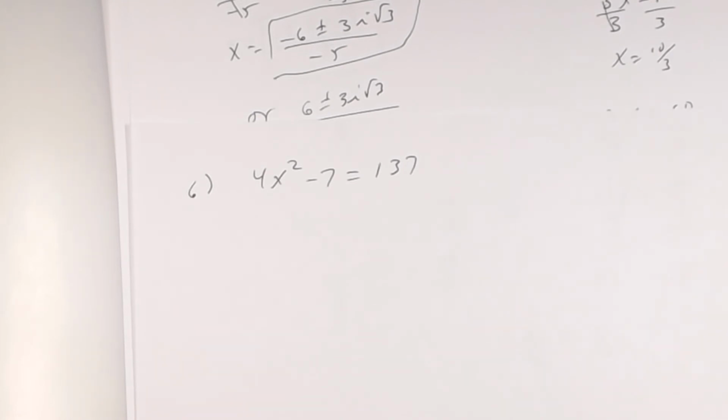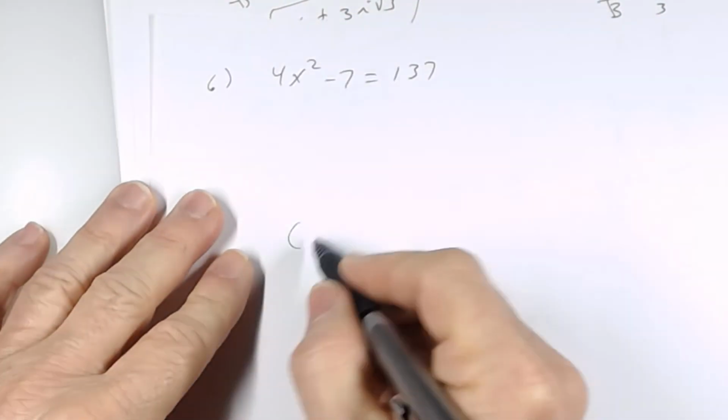So what's the first thing you're going to do? If you're going to take the square root of both sides, you better have some expression squared equal to a number. That right here does not look like this right now. Because what is being squared in that equation? No, 4 is not being squared. X is being squared, not 4x.